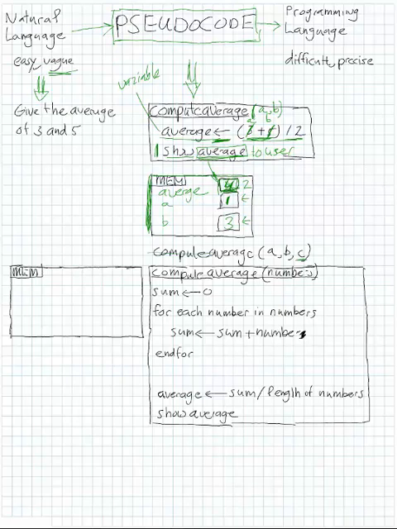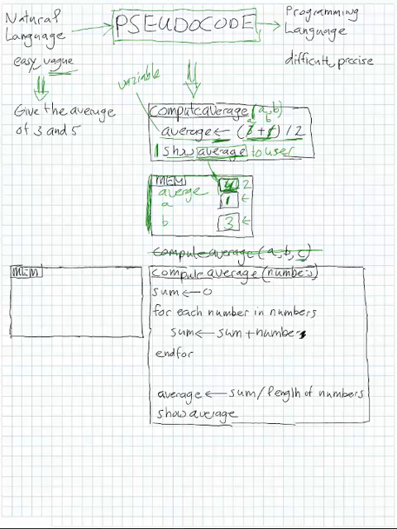So let's forget about this one, and let's make it more flexible, and let's make an algorithm that can compute the average of some list of numbers, a list of any size.